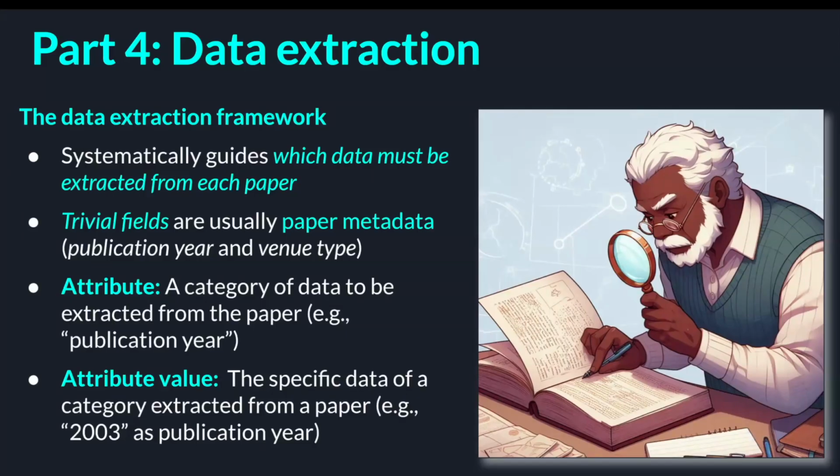What is the title? Who are the authors? This kind of information you already have for free. And here just a little bit of jargon. We define an attribute as basically a data field. For example, publication year. For each paper, I have the attribute publication year, and then this attribute can assume different values, right? For example, in case of publication year, I can have 2003.